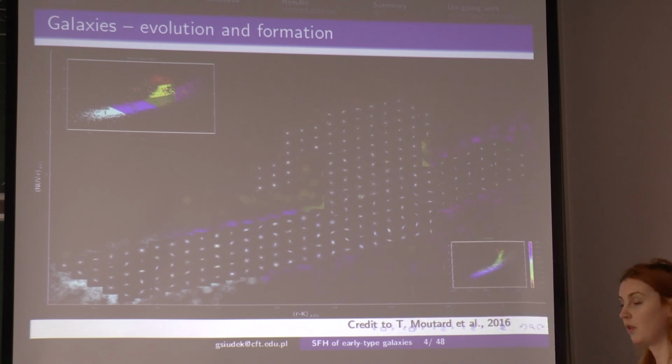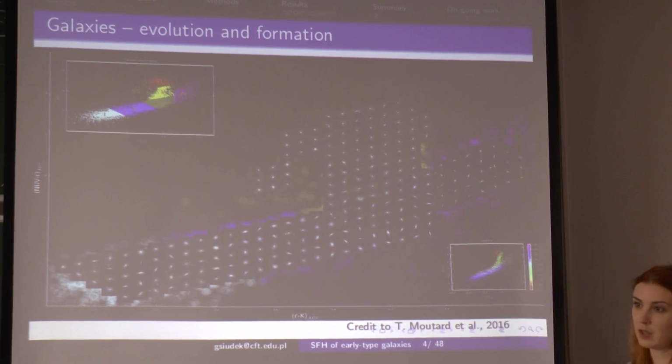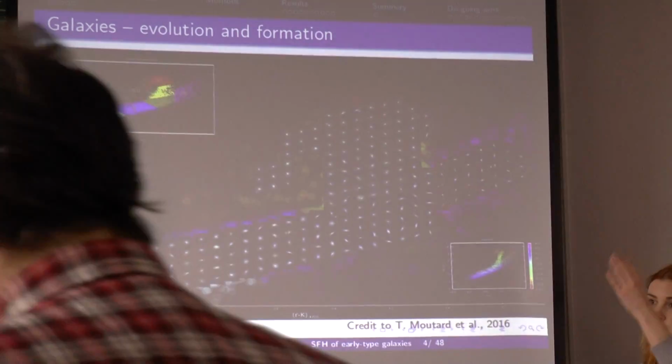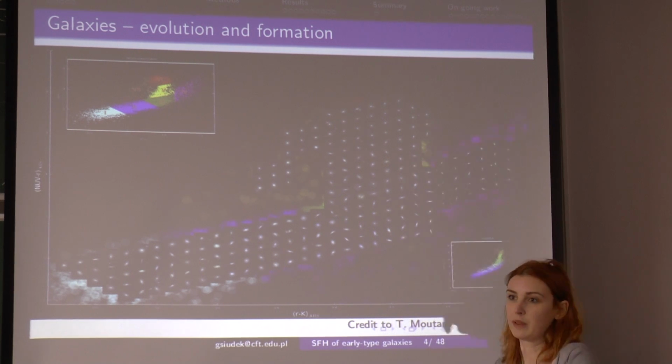The vertical axis is also color, but from two different filters. This is NUV minus R, so these two filters, NUV and R, and here are the observations in R and K filters, the difference in these two filters. And these are just astronomical filters that are focused on observation in one passband.